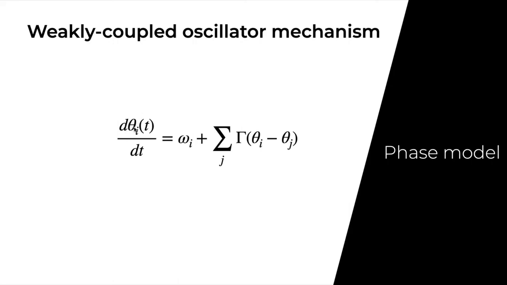So the rate of change of this phase of an oscillator I can be described as its intrinsic frequency, so the one that is produced by this oscillator oscillating itself, plus the sum of the interactions with all other oscillators in this network. And this interaction, gamma here, depends on the specifics of the model that you're investigating.